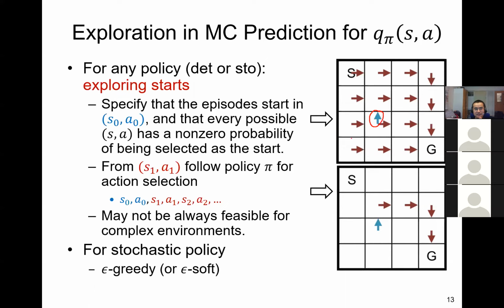So by placing the initial starting point of every episode randomly on the grid, you can do exploration even with a deterministic policy. So this is the actual execution of this episode.